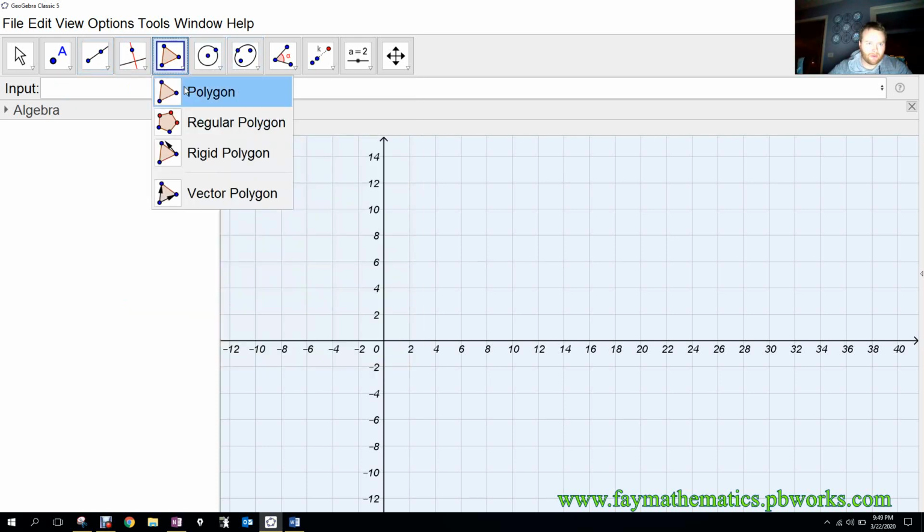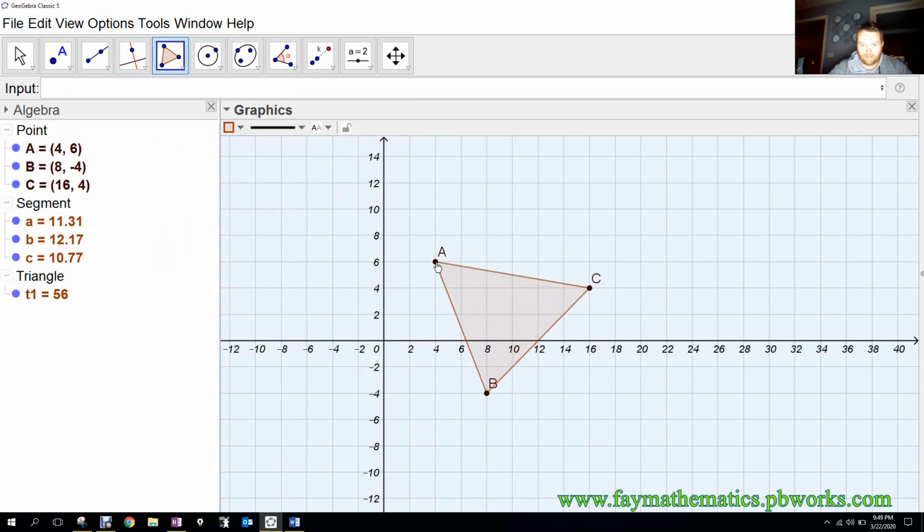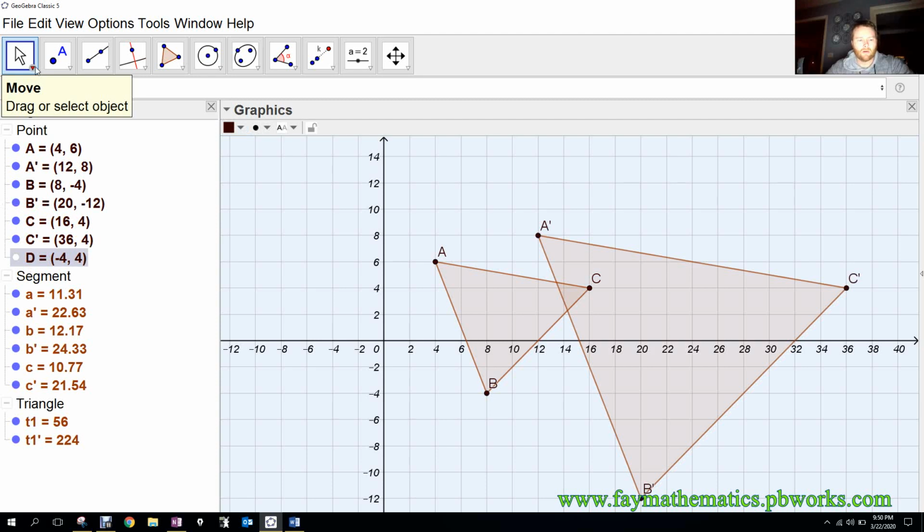If I give you, let's say, that figure there, and I'm going to pause this. I'm going to dilate this and then hide the point so you can't see it. We'll come back.